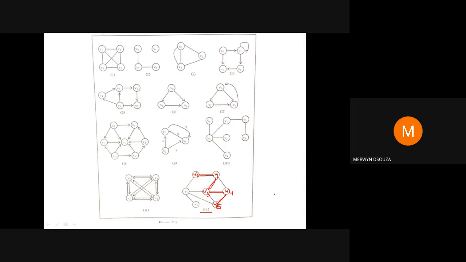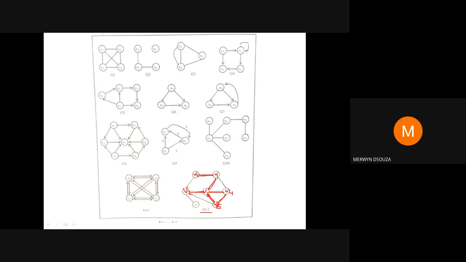But suppose I continue the path. I would have gone from V0 to V1, V1 to V3, V3 to V4, V4 to V6, and now I continue from V6. I go back to V3. Then from V3 I go to V2.